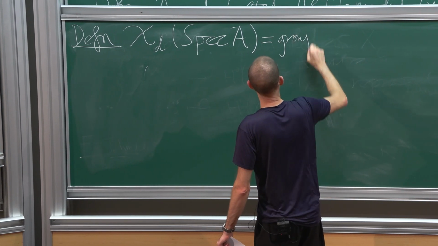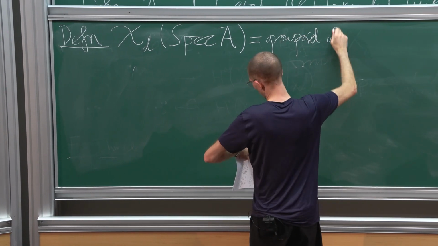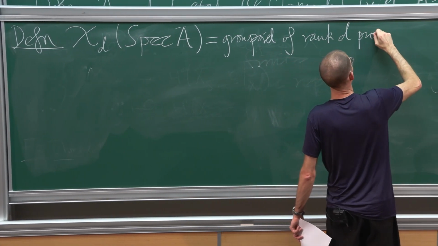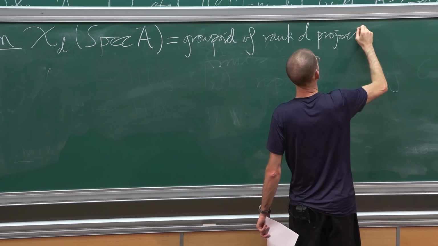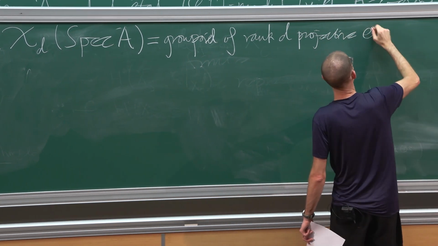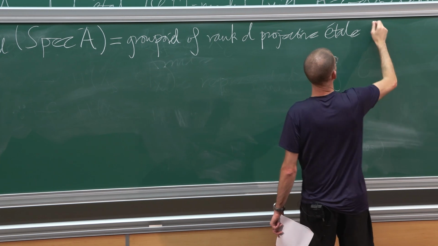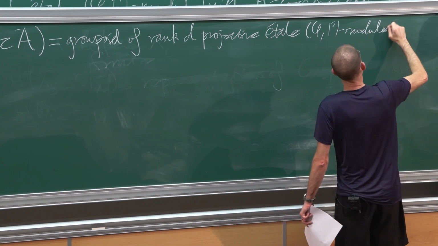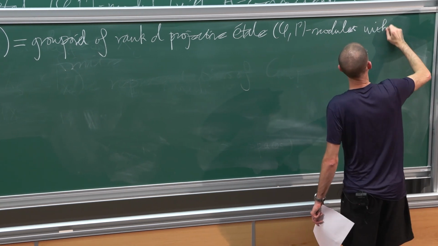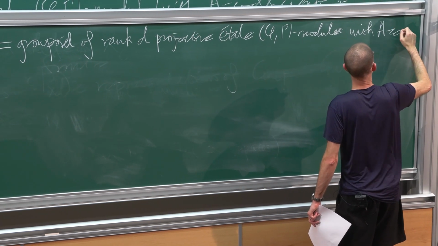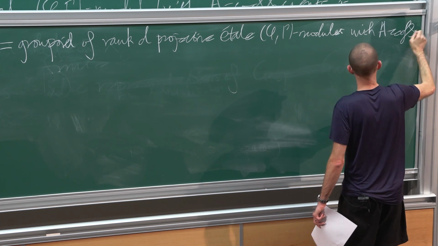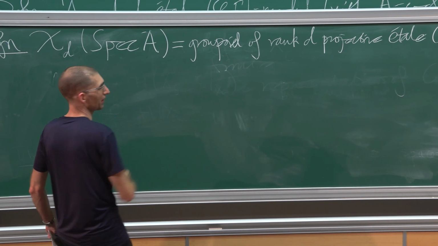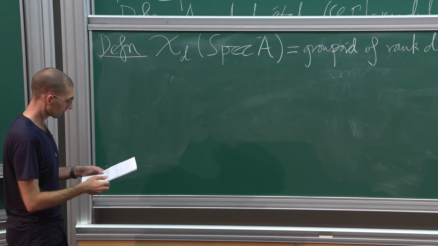So this is the groupoid of rank d projective étale phi-gamma modules with A coefficients. And this is a groupoid, so by definition the morphisms are the isomorphisms.